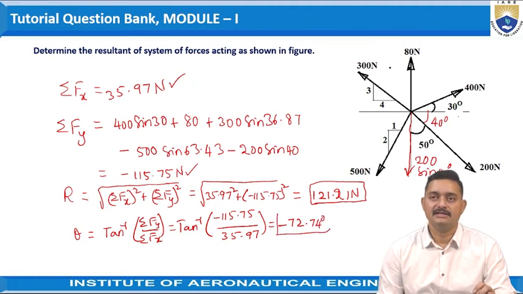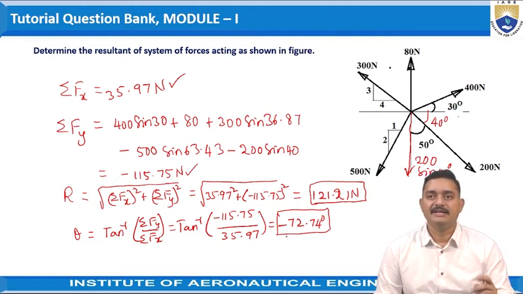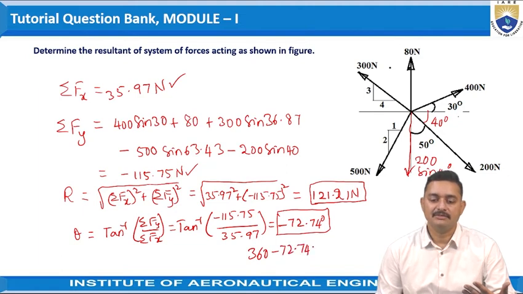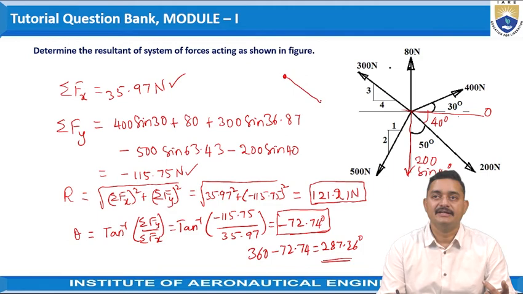So this is the inclination of the resultant that is acting. For the negative symbol here, you can obtain the value as the total 360 degrees minus 72.74, that can be given as 287.26 degrees from the 0th position. From the 0th position we can take. Or else we can show this as minus 72.74 degrees, that is, the resultant will be acting in this direction.